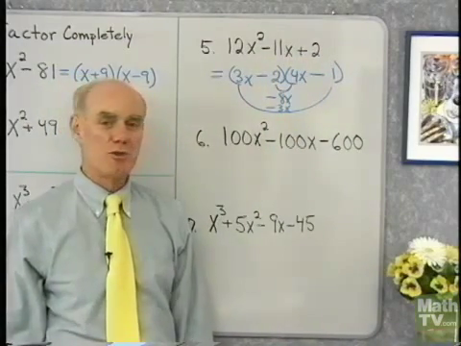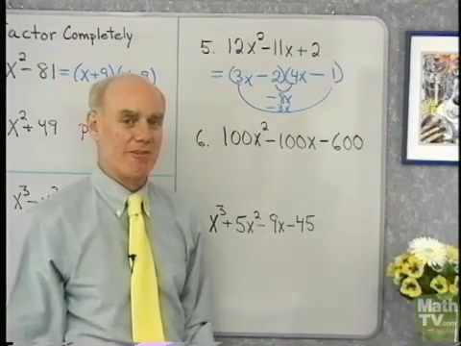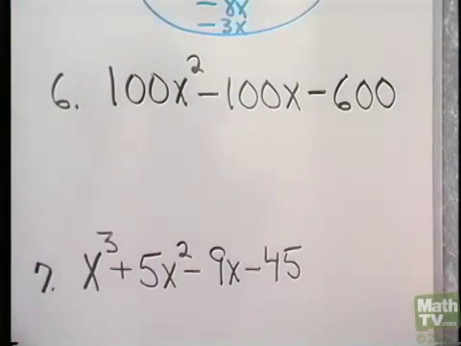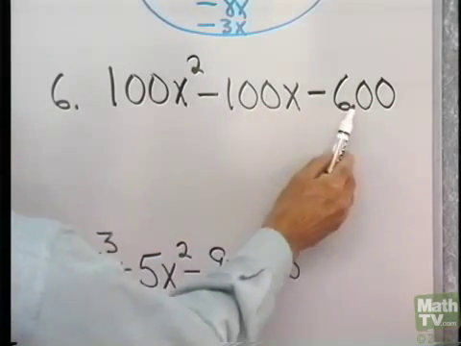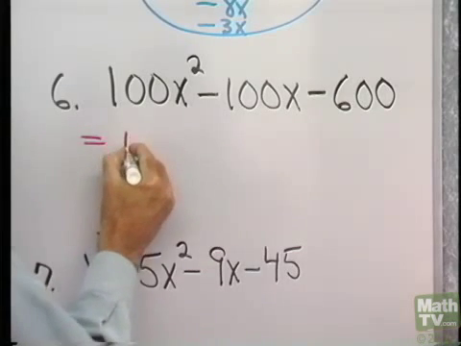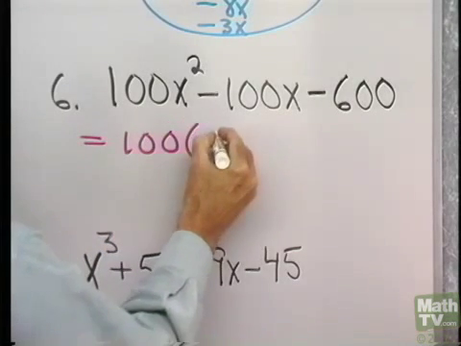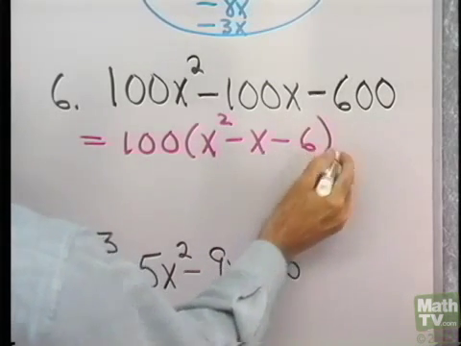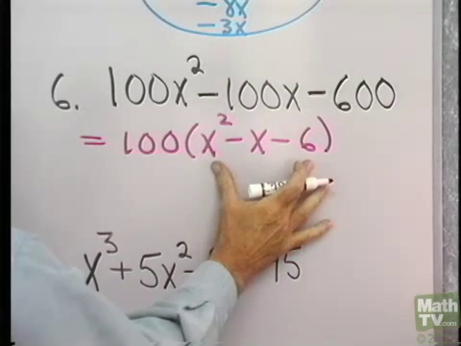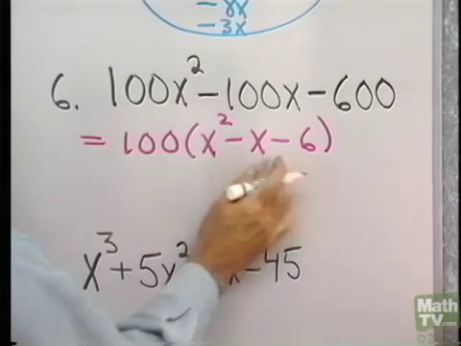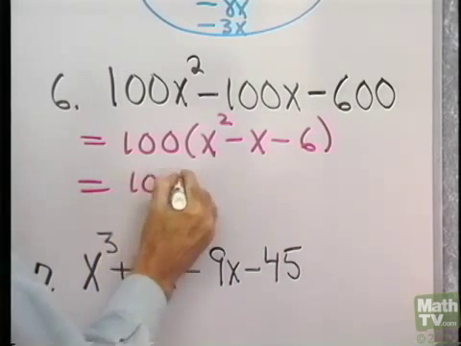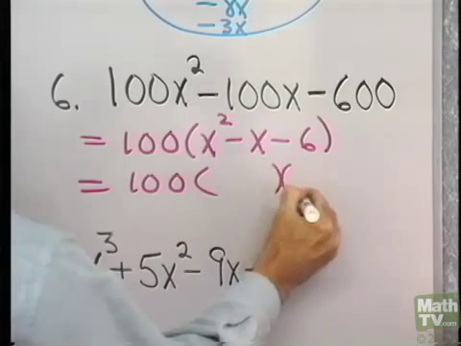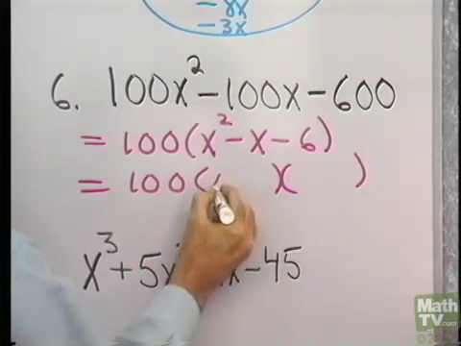The next problem is also a trinomial, but it has a greatest common factor. Let's take a look. I have 100x squared minus 100x minus 600. I see that I have 100 common to each term. Let's factor that out to start with. So I have 100 times x squared minus x minus 6. Now this trinomial doesn't have any greatest common factors other than 1. I'll factor it into the product of two binomials.